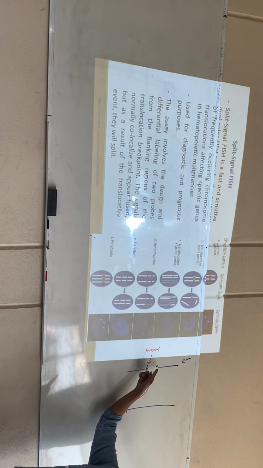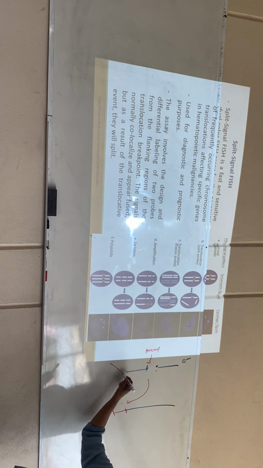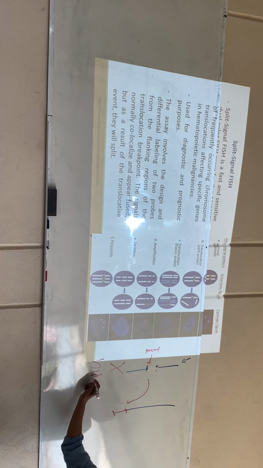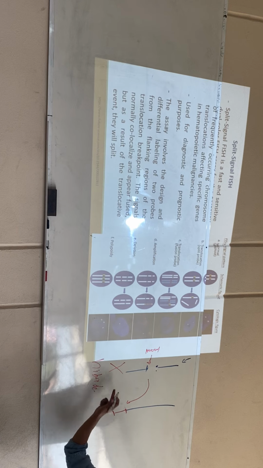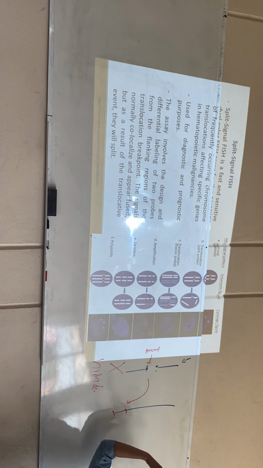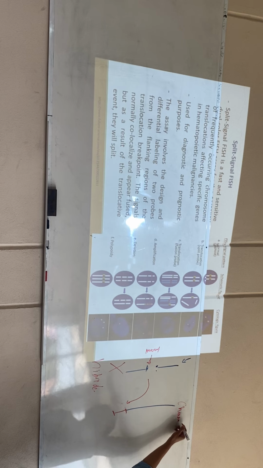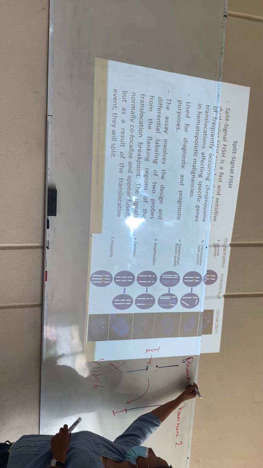The probe is not going to find it, and the probe is not going to do a hybridization. Yes or no? However, I can do the opposite. I can look for the region in another chromosome. Chromosome 2, chromosome 1.